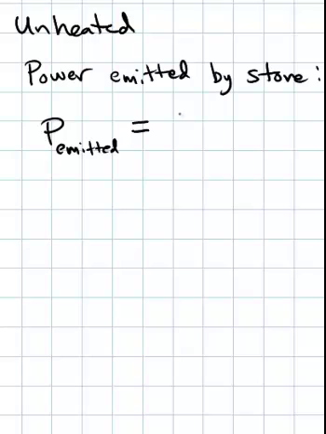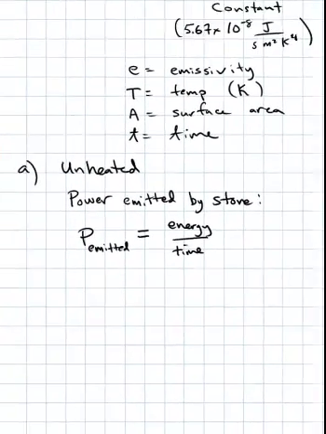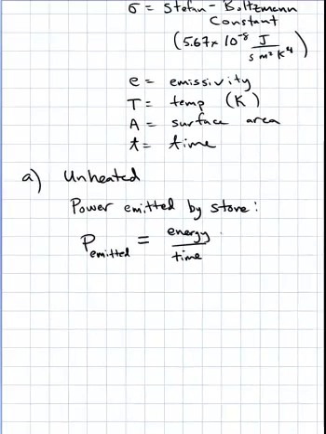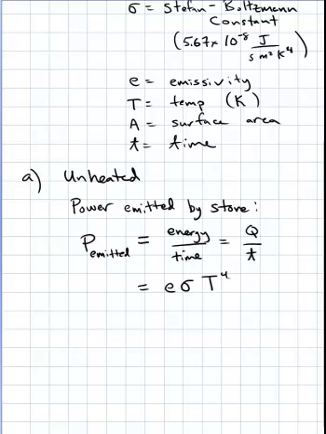So power is energy over time. And like I just said, if we take the Stefan-Boltzmann law and we divide both sides by t, what we end up with is emissivity, the Stefan-Boltzmann constant, T to the fourth power, and the surface area. And all of those things are given.